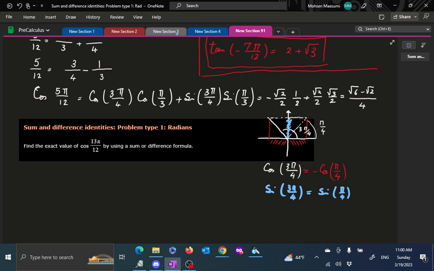They're both radical 2 over 2. And that's what we used here and here. Sine of 3 pi over 4 is just radical 2 over 2. And that's what we used. Okay. So that was for that problem.